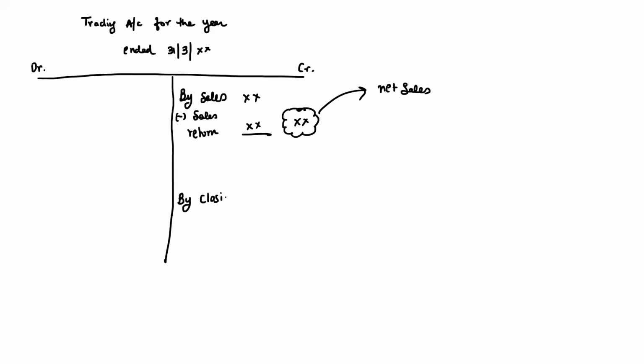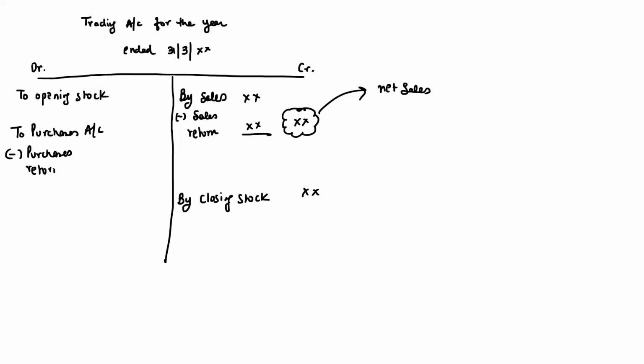Then buy closing stock, debit side to opening stock, to purchases account, less purchases return, and then last was to direct expenses.